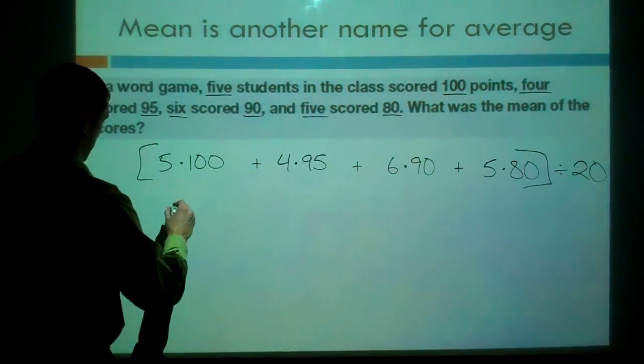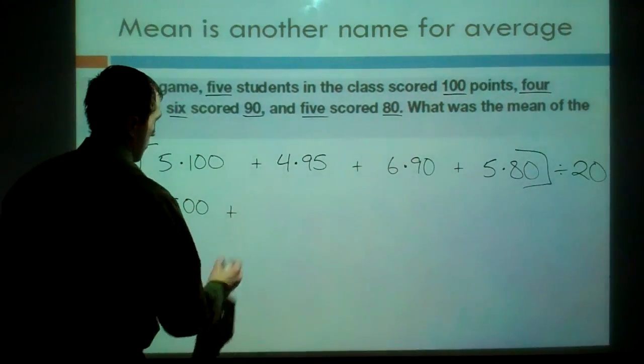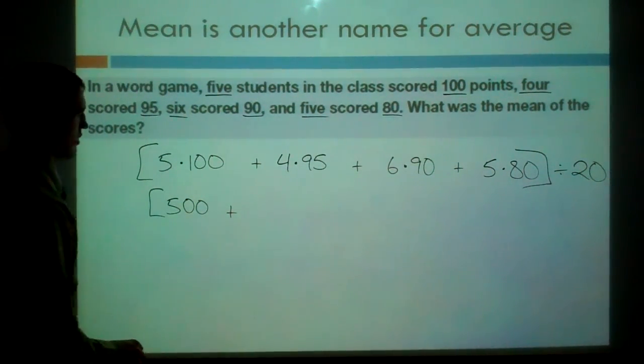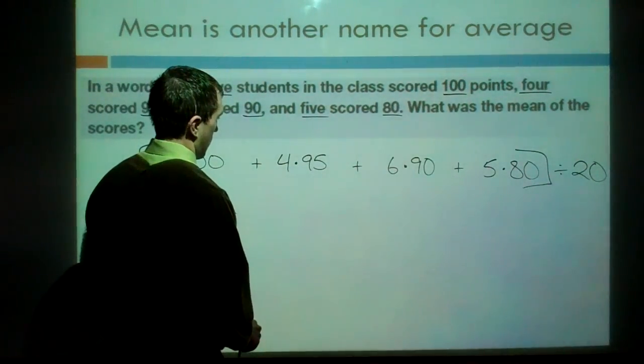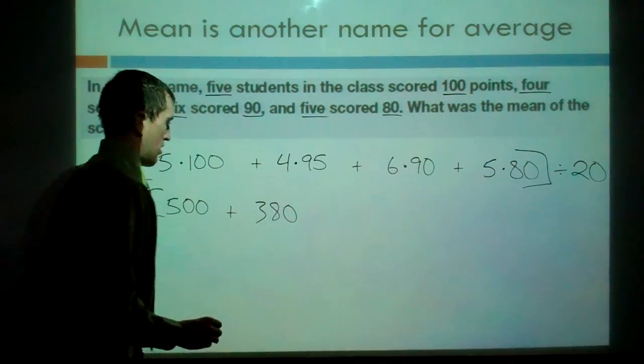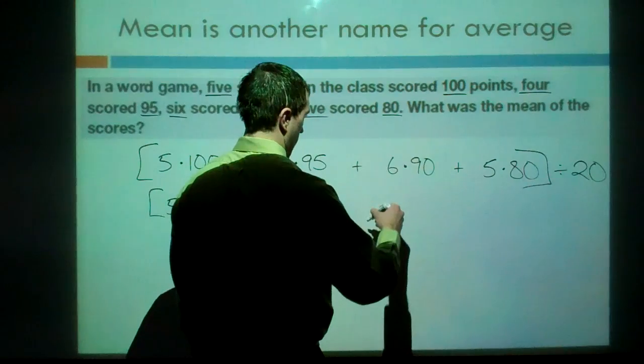So 5 times 100 should be 500. Plus 4 times 95, that would be 4 times 100 minus 20. So 400, so 380. And then we've got 6 times 90, which would be 540.